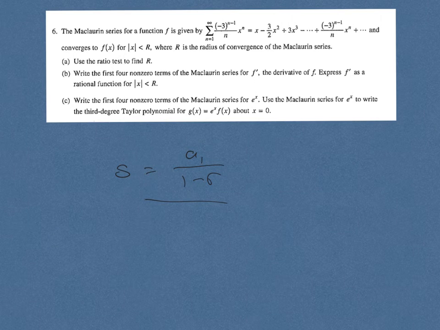And then the last part: write the first 4 non-zero terms of the Maclaurin series for e to the x. This is one that you need to remember. Then use that Maclaurin series to write the 3rd degree polynomial that will be the product of those. You're going to write this out, write out the e to the x, multiply the terms and combine like terms.